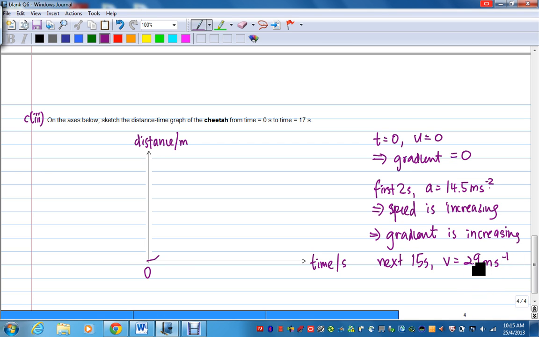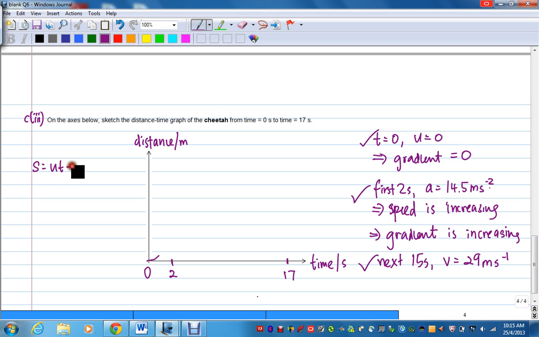So let's mark our axis. This is 2, and then the critical value will be when it's 17. So I have to show t at 0, t at 2 and t at 17 seconds. At t equals 0, the distance is 0. At t equals 2 seconds, I will need to find the distance. I have t, I have a, I have v, I have u, so you can use any formula.